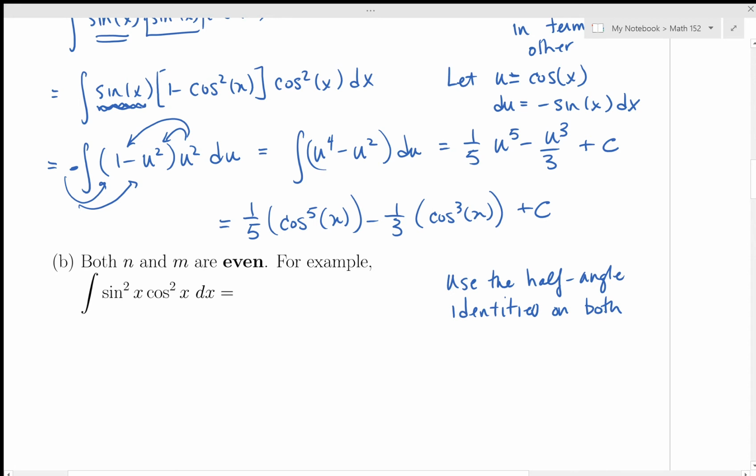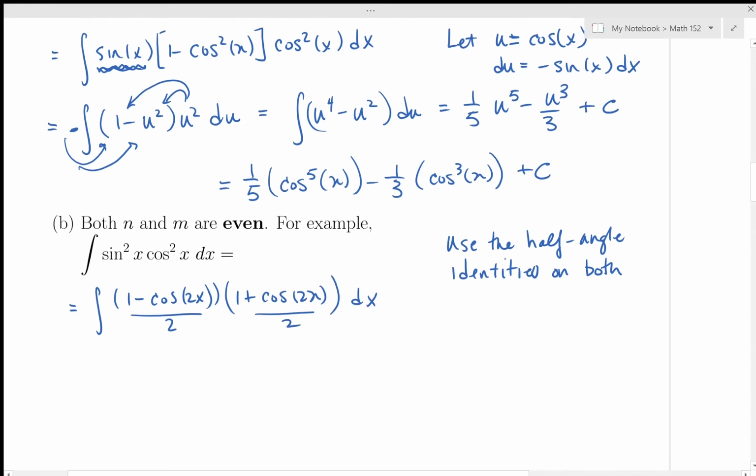So that's going to look like this. The integral of sine squared is 1 minus cos 2x over 2, and then cos squared is 1 plus cos 2x over 2. And I multiply that out.